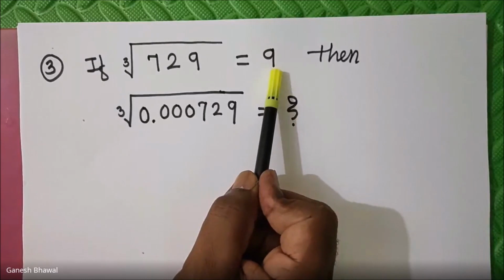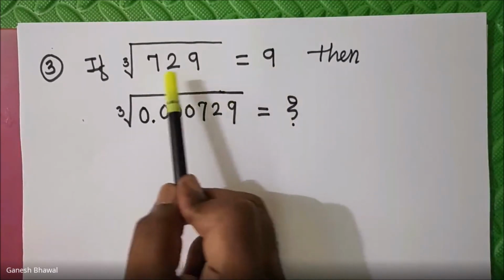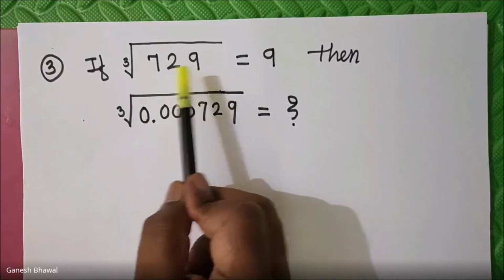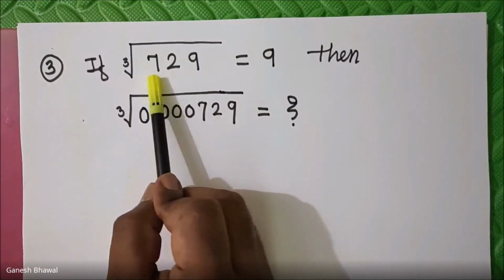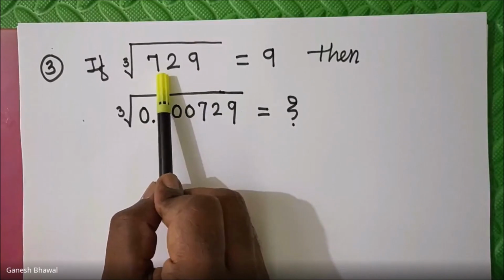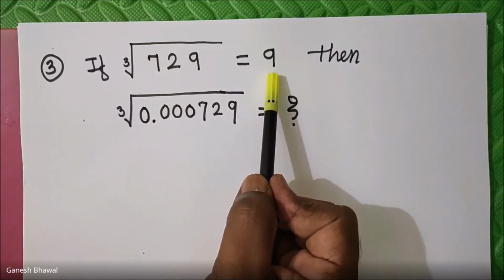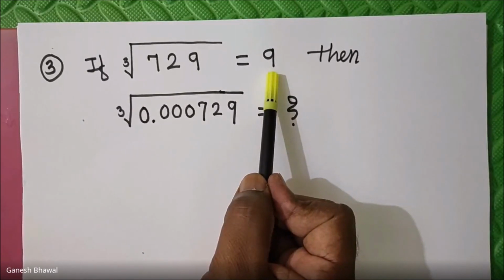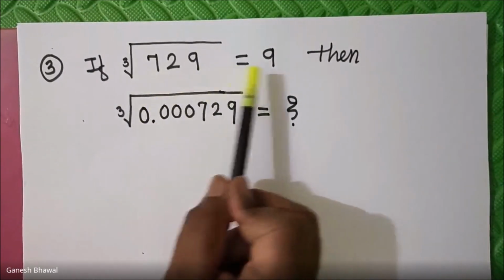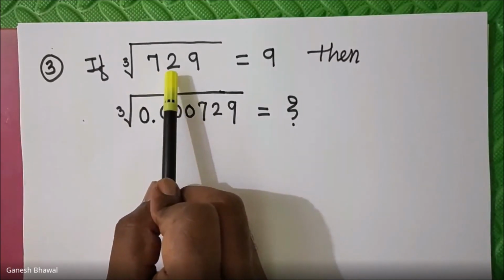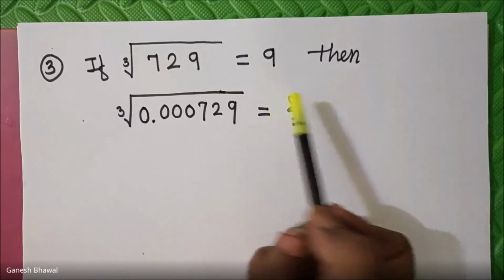If you multiply 3 times 9, we get 729, and when we find the factors of 729, we get 9 times 9 times 9, and when we remove this symbol, we get 1 time 9. In this way, 9's cube is 729, 729's cube root is 9.